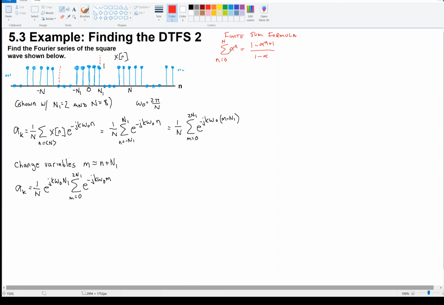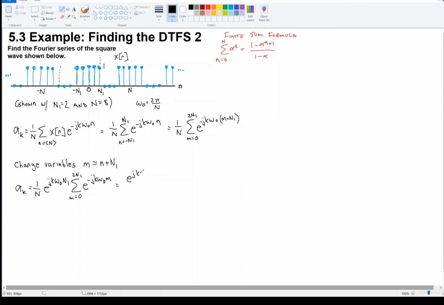Okay, so we compare that finite sum formula to what we have here. Our indexer is m, our upper bound is 2N1, and our alpha here is e to the minus jk omega 0. So that is in the form that we need. So I'll just rewrite this.